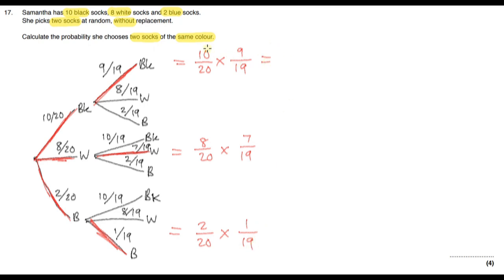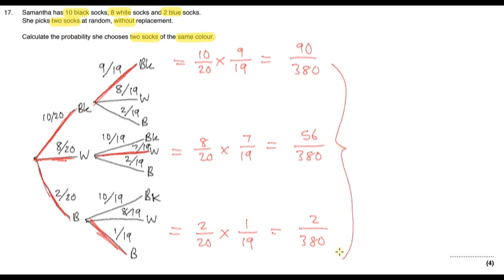So all I'm going to do is multiply the numerators and multiply the denominators. 10 times 9 is 90. 20 times 19 is 380. 8 times 7 is 56. So this is still 380. 2 times 1 is 2. This is still 380. Now, hopefully you can see why I haven't simplified, and that's because all my denominators are 380.